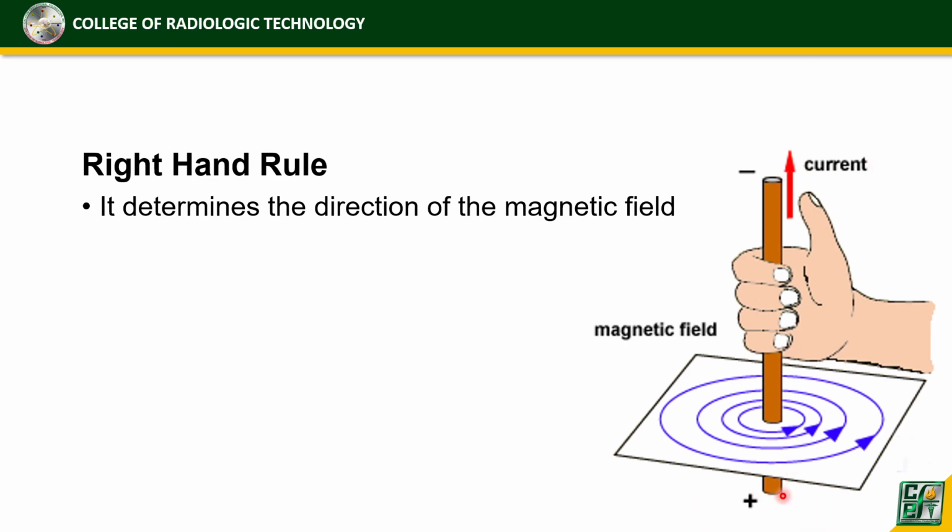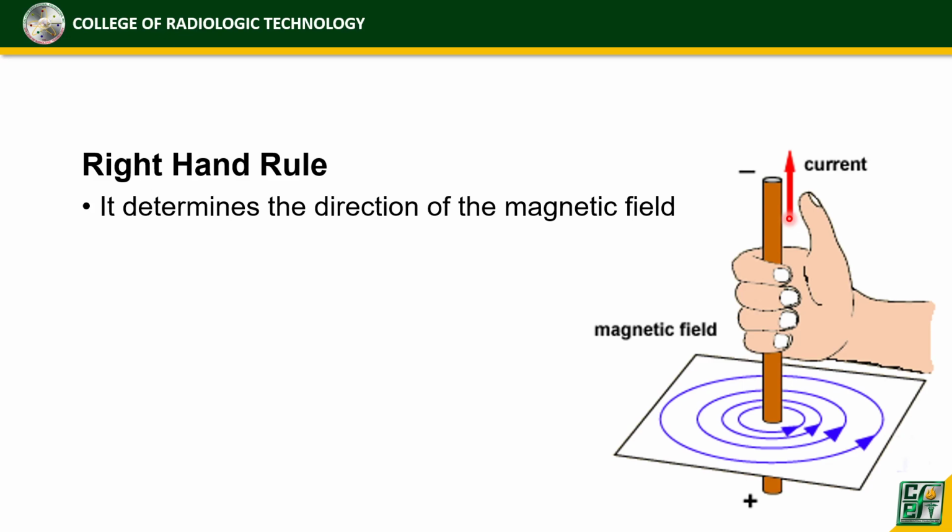Yung magnetic field, ito, yung current niya is pag ganun. Kaya, kapag may hawak kayo na stick, kung susundan nyo yung kamay, di ba? Magnetic field, yung apat na daliri, current yung thumb, pataas.